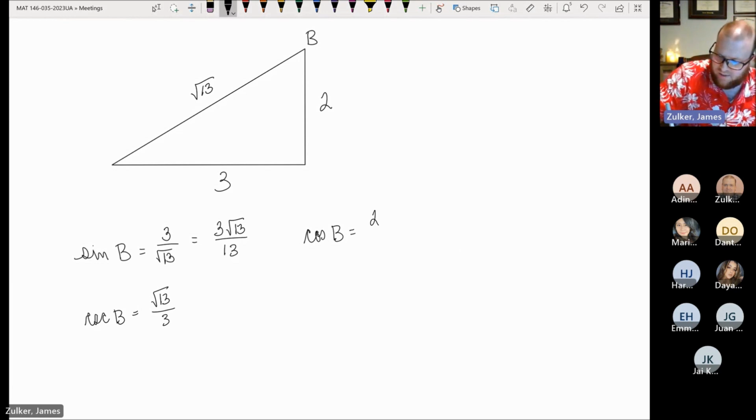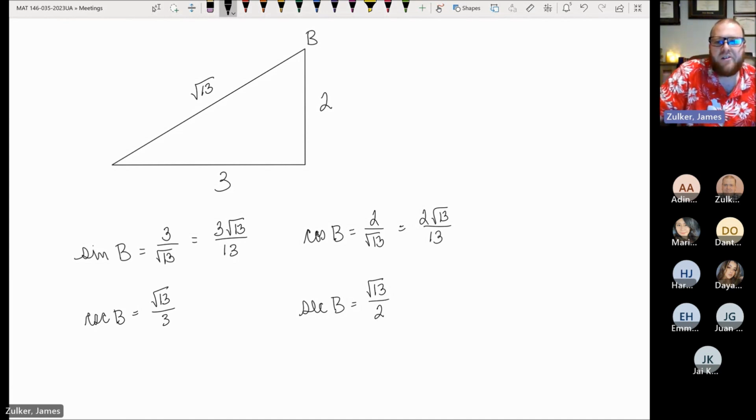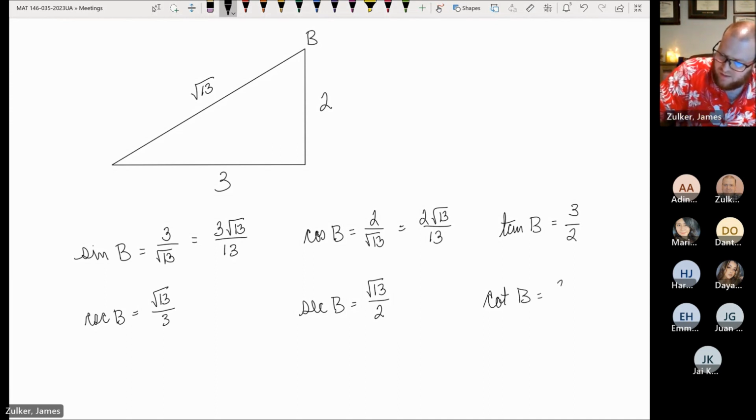Cosine of B, two over root 13. Secant of B would then be root 13 over 2. Tangent was given, which means cotangent is also given.